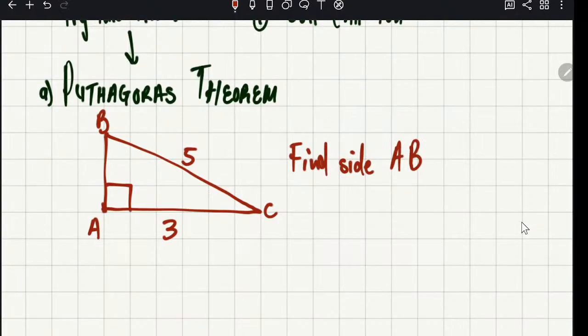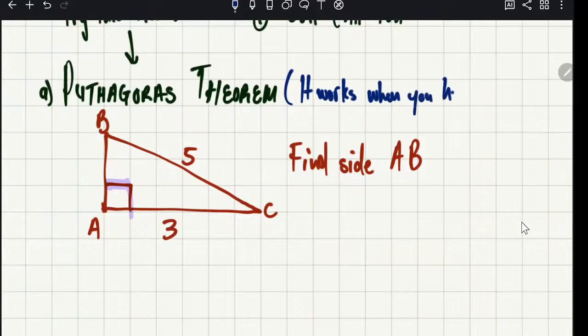So this is a shape with 3 sides. We are mastering it. As long as it has a right angle, the first thing is we test if we can use Pythagoras theorem. Pythagoras theorem works when you have 2 sides and one side is missing.